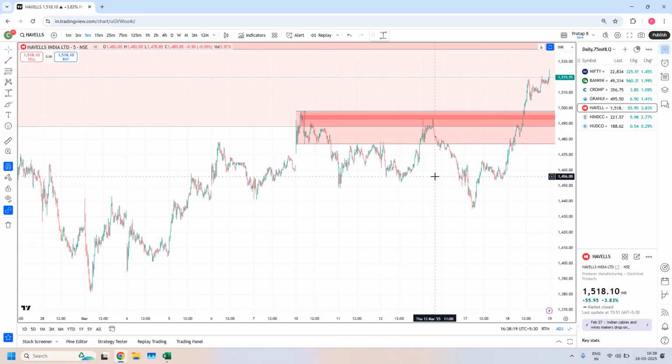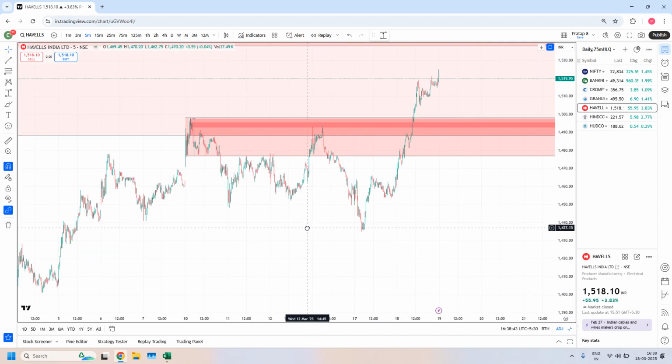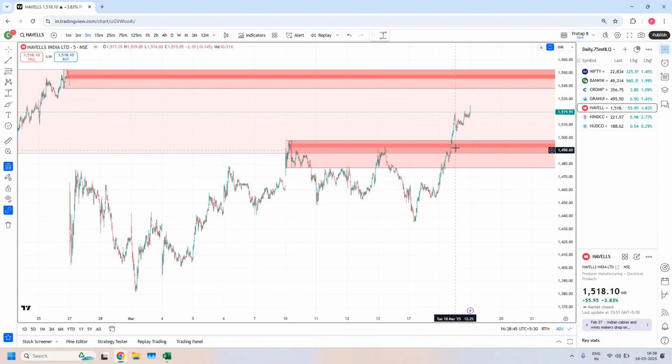If there are no other trades, such kind of old trades, we can take a little extra risk and plan our trades. But anyway, I'm not capturing those old statistics always, because our focus should be the 80% level: are we achieving it or not. That is what we are focusing on every month. At the end of the month, we are doing the calculations also, the monthly statistics. So anyway, in Havells today we didn't get a trade.